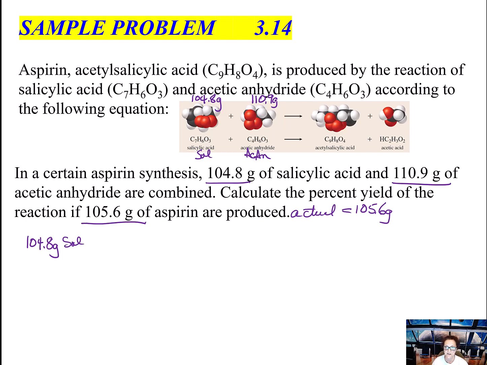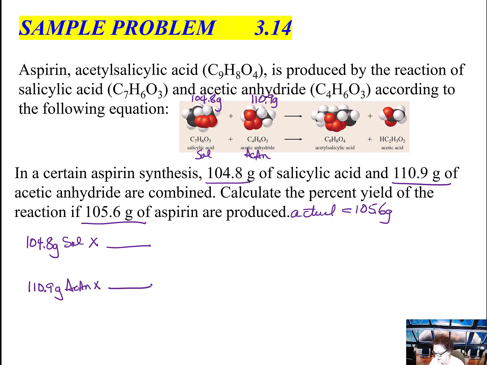So if it's balanced, then we should be good. All right, so 104.8 grams of salicylic acid and 110.9 grams of the acetic anhydride.